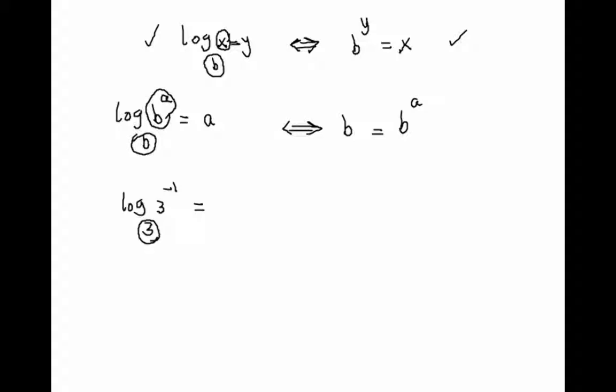So the base of the logarithm is the same as this, so the whole thing should be equal to this number here, whatever that number is. So it would be minus 1. Let's take a look at another example. If I have log of 3 to the power of 0, if the base is also 3, what is that equal to, anyone?